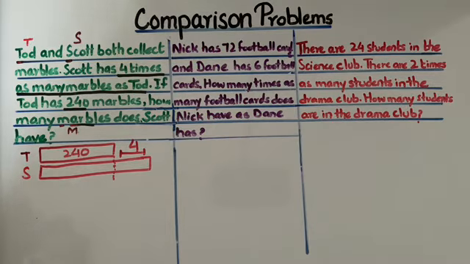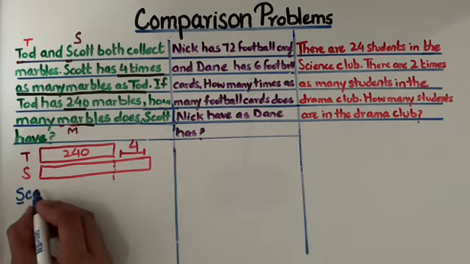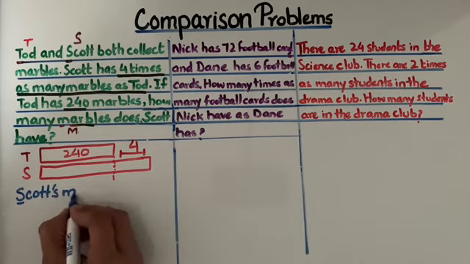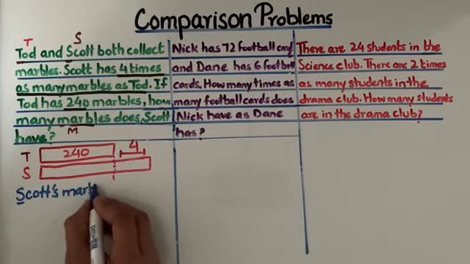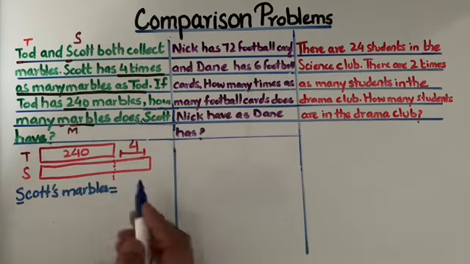How will we make its equation? So its equation will be Scott's marbles, S for Scott, or you can use the name Scott's marbles, which we have to find out: how many marbles does Scott have?